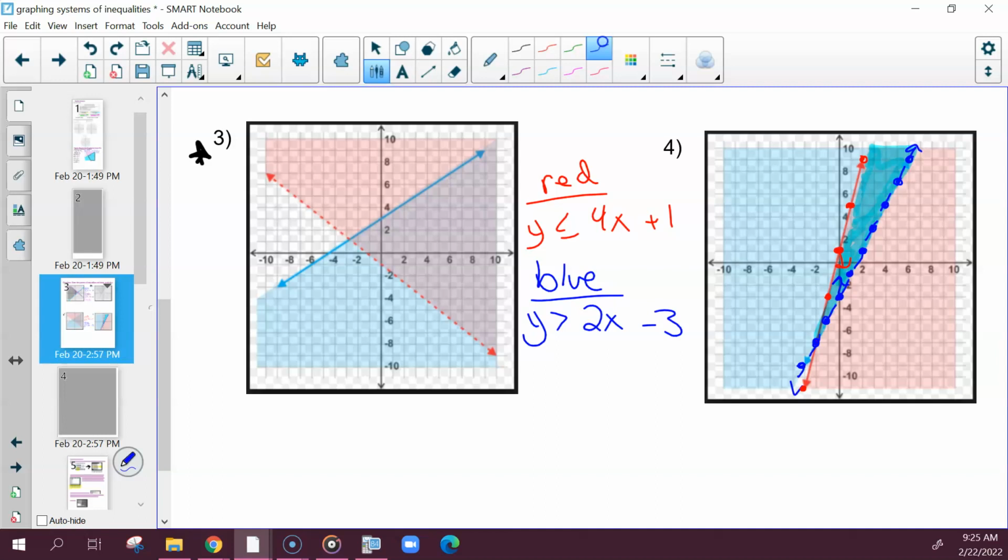There's a lot of points that would be a solution.